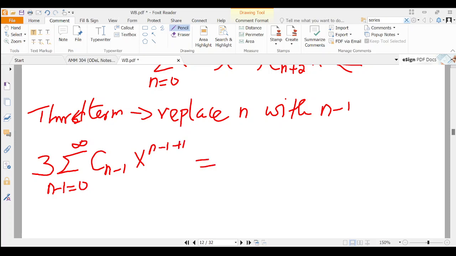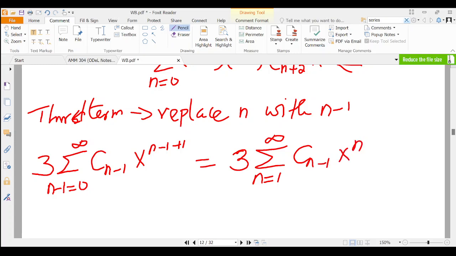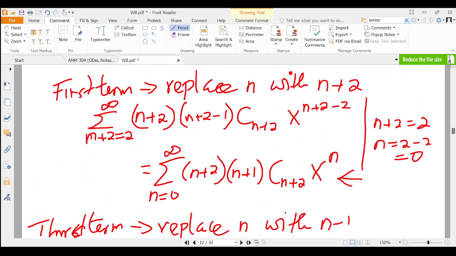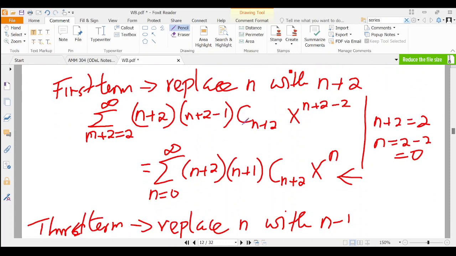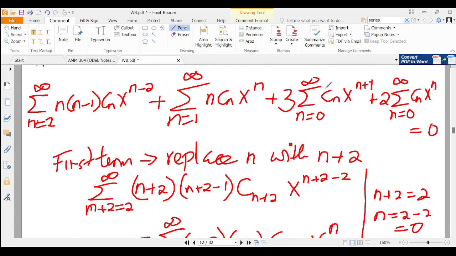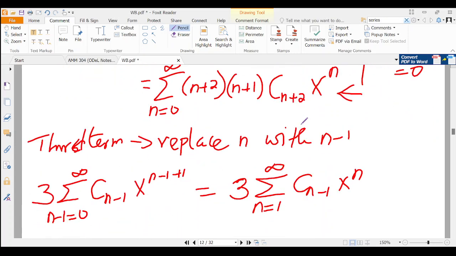So that this becomes 3, the sum from n equals 1 to infinity, Cn minus 1, x raised to power n. So that our function, when we now substitute all these terms, you see now the first term becomes what we have here. The second term remains. The third term becomes 3.